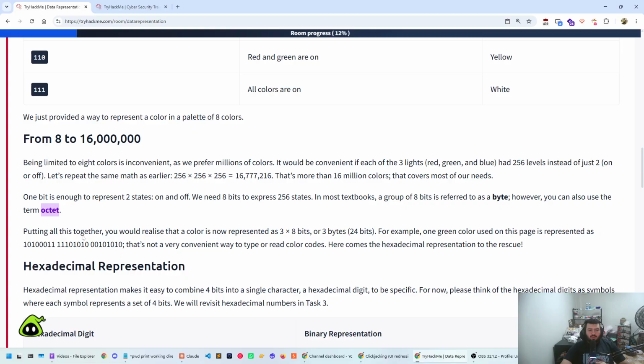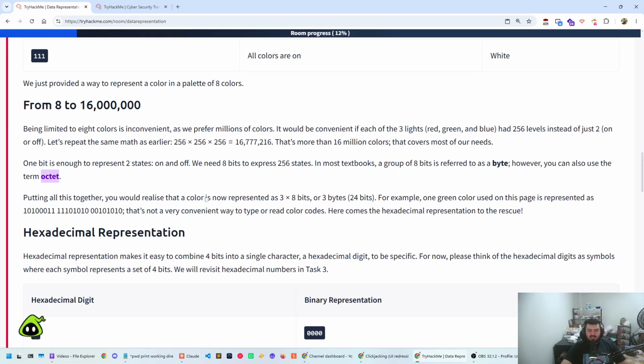Putting all this together, you would realize that a color is now represented as 3 by 8 bits, or 3 bytes, 24 bits. For example, 1 green color used on this page is represented as all of that. That's not a very convenient way to type or read color codes. Here comes the hexadecimal representation to the rescue.